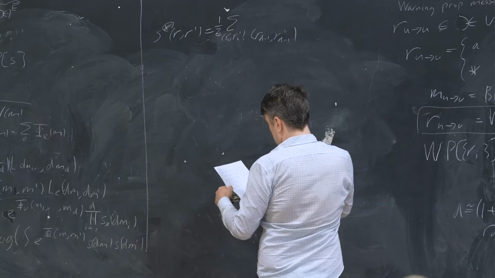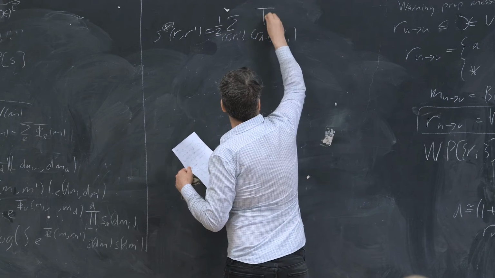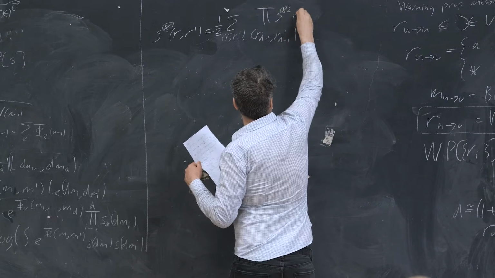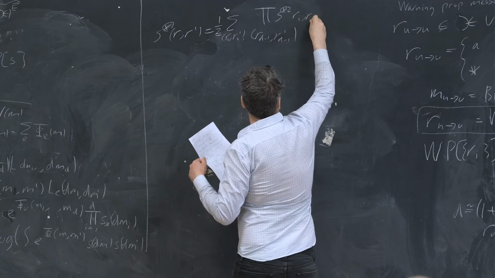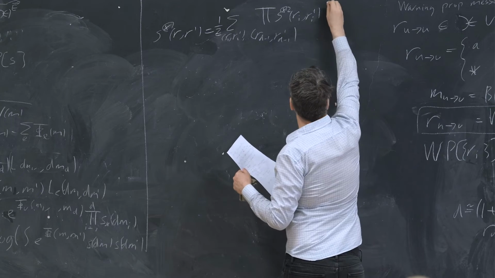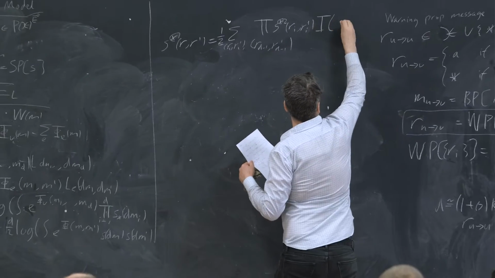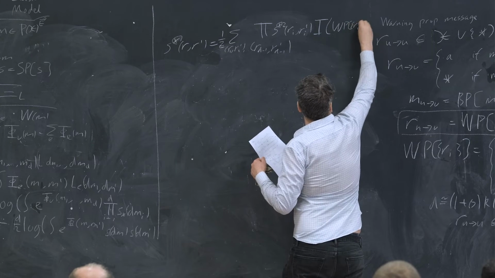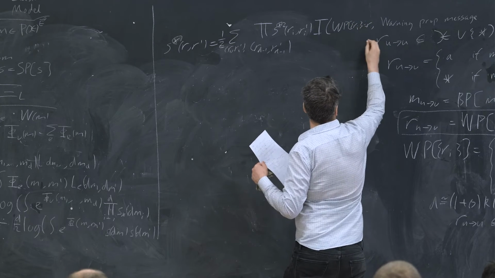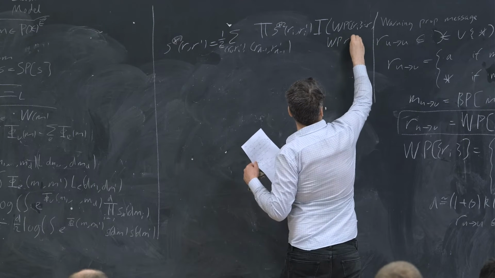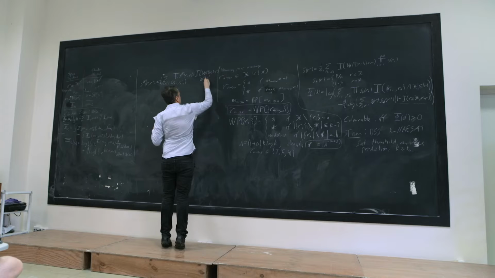And then, okay, so product of S2 Ri prime. And then I just want the indicator that warning propagation of the Ri's is equal to R, and warning propagation of the Ri primes is equal to R prime.